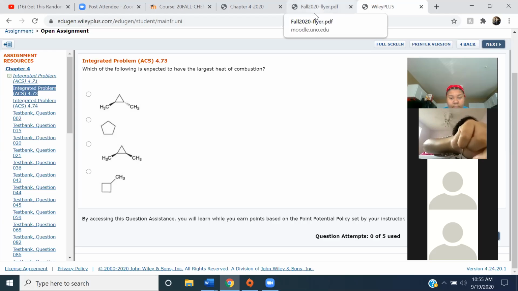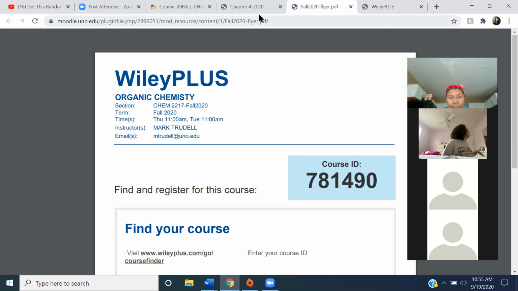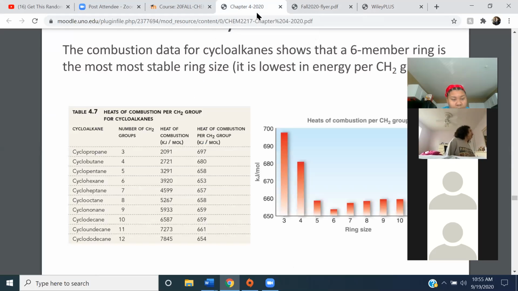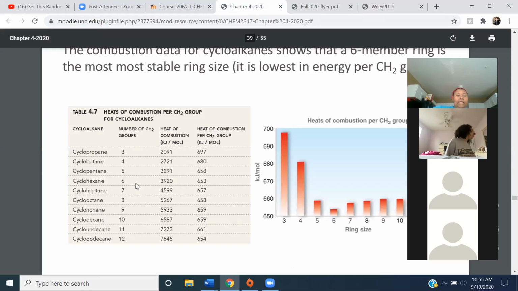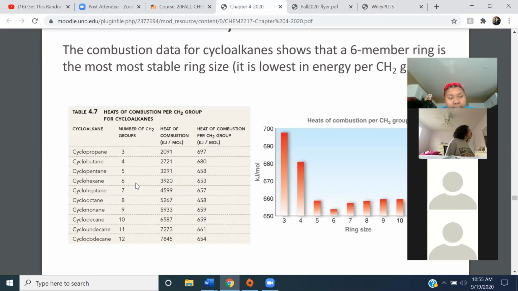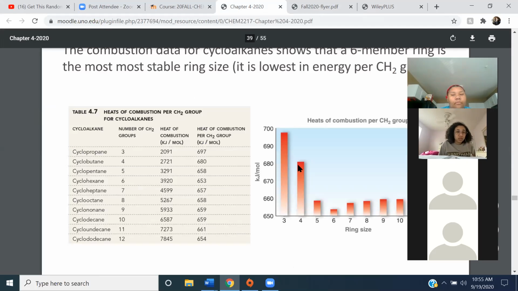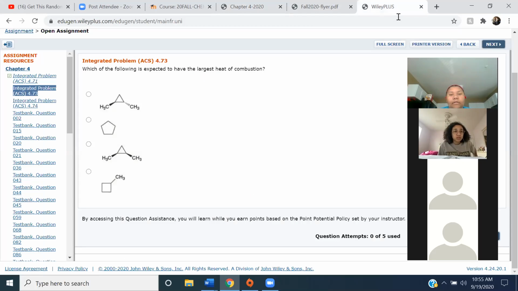It's saying that cyclopropane has the highest. As you add carbons, the heat of combustion goes up. Cyclohexane, you said? Yeah, right. As you add more carbons, the higher the heat of combustion will be. Okay, so let's take a look back at the question. Then this should be good. Okay, let's see. It's one of the triangles, or the cyclohexane?